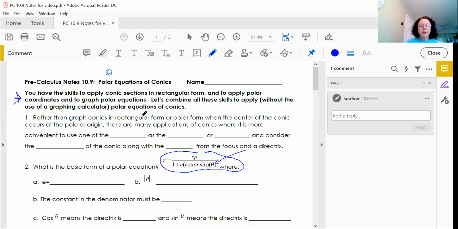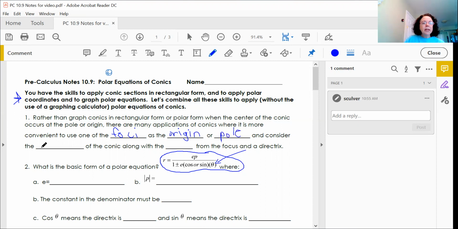Rather than graph conics in rectangular form or polar form, when the center of the conic occurs at a polar origin, again, as it does in the real world, there are many applications of conics where it is more convenient to use one of the foci as the origin, literally at the center of a polar graph, which we call the pole.